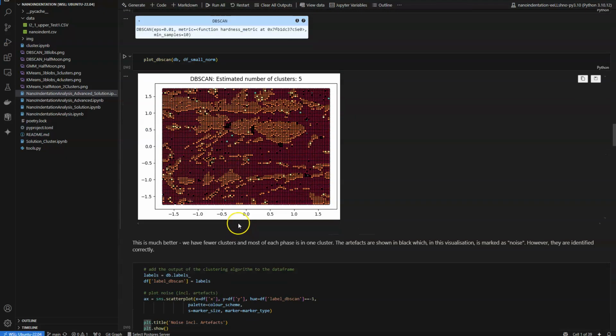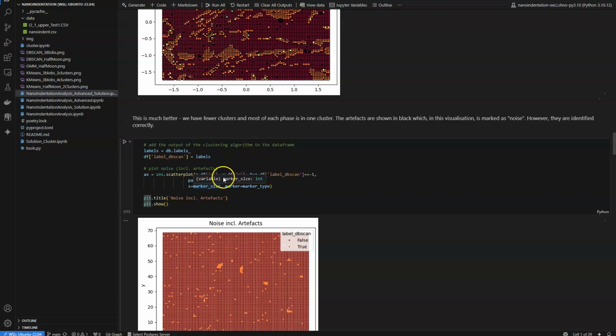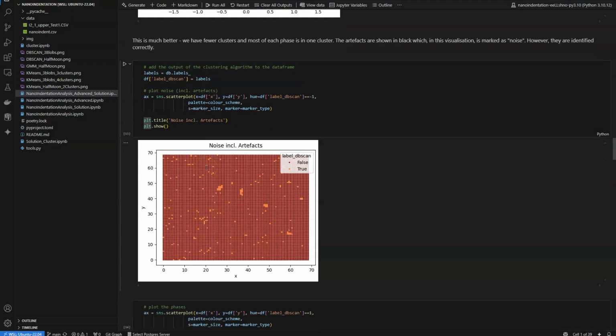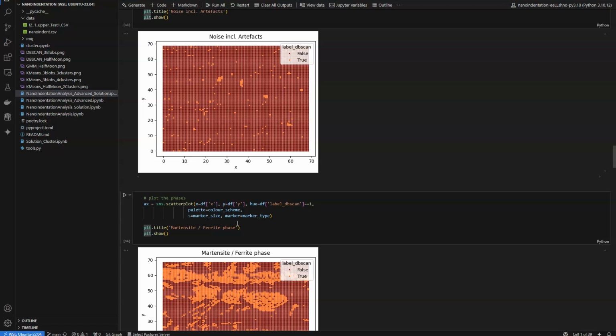These are our artifacts. And so we can now plot this. Everything that's not one of these clusters is then also noise, so we can look at noise and artifacts, and we can see that this is indeed what we also would expect from our electron microscope image.